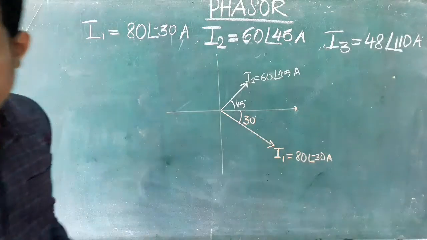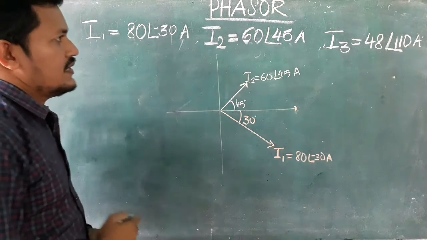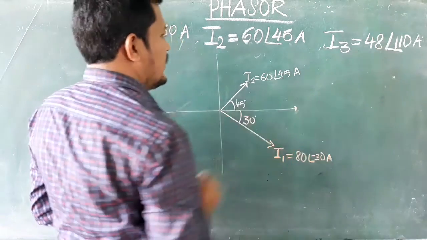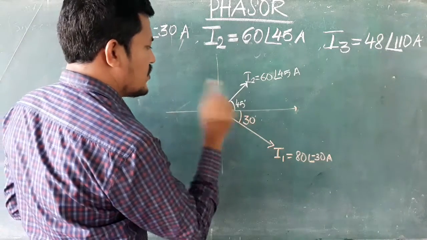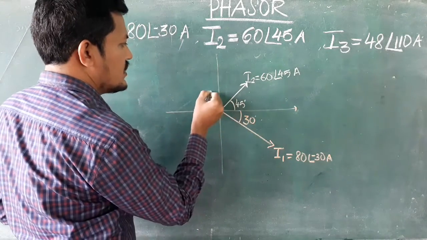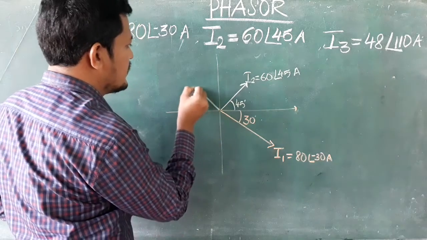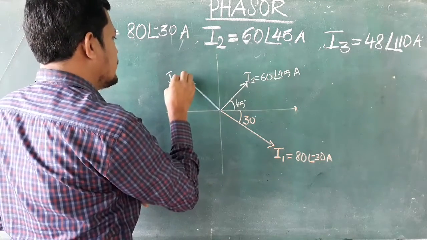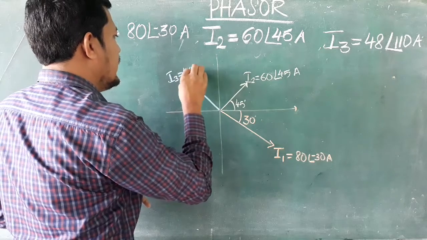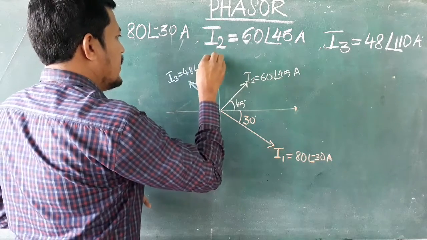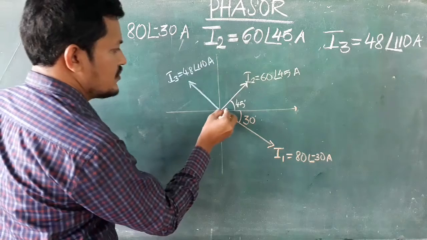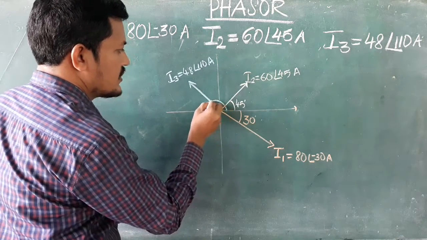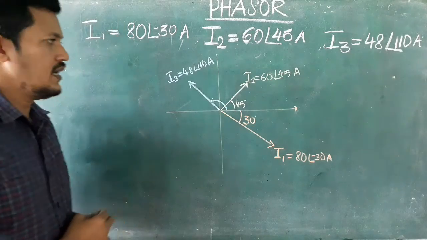The third one is I3, 48 at an angle 110 ampere. So 110 is positive, so it should be anti-clockwise direction. So it comes like this. So this is I3 equal to 48 at an angle 110 ampere. Clear. So 110 is measured from the positive x-axis to our phasor I3.